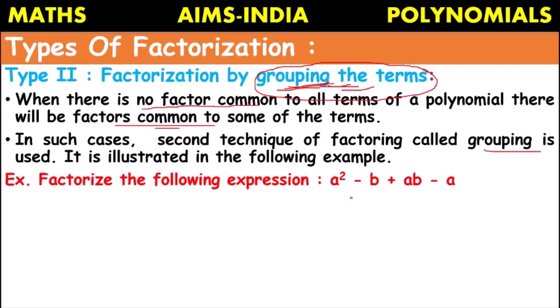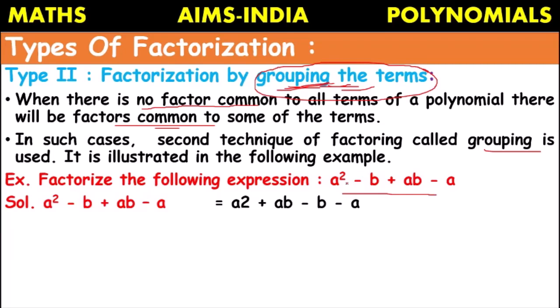Here they have given one expression: a square minus b plus ab minus k. There is no common term for all the four terms. But if we take a square plus ab as one group, and minus, taking common, b plus a as the second group.